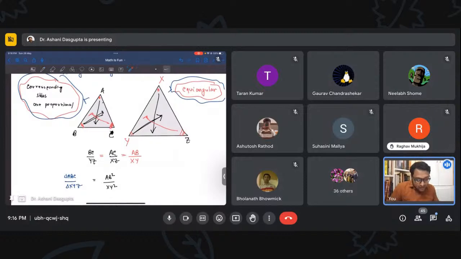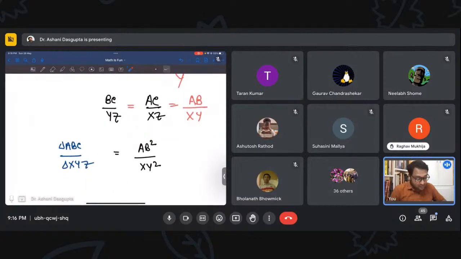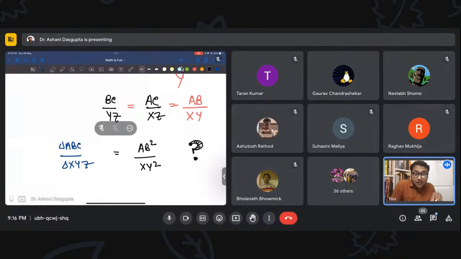So you take two equal angles, take the sides opposite to them, square the sides, so you get AB square and XY square, and you take the ratio. That is the ratio of the areas of these two triangles. My question is, why? Can any of you tell me why it is true that the ratio of areas of similar triangles is equal to the ratio of squares on their corresponding sides?